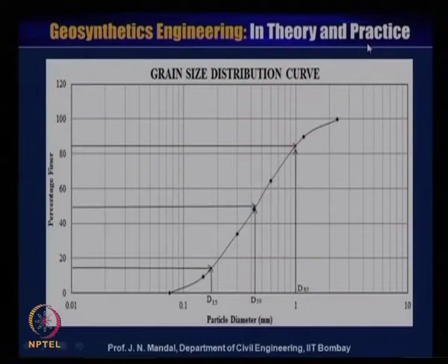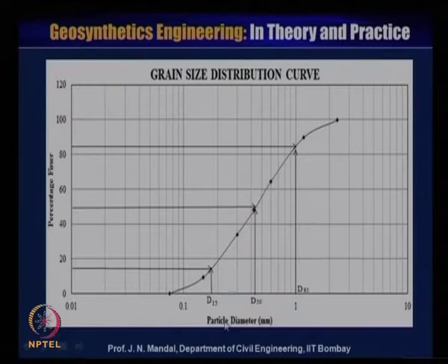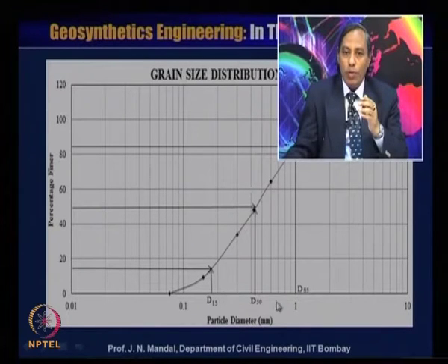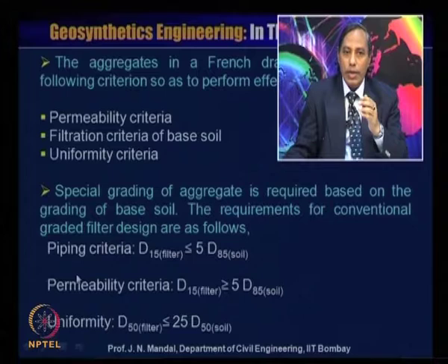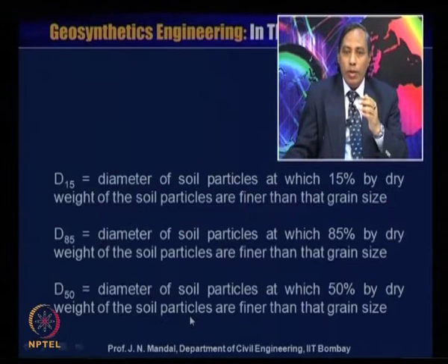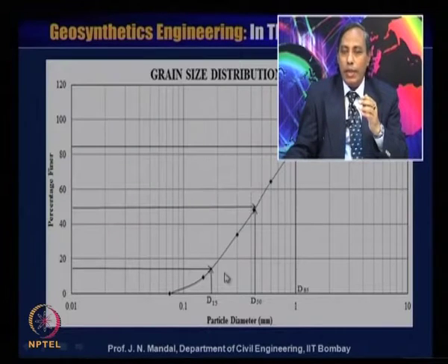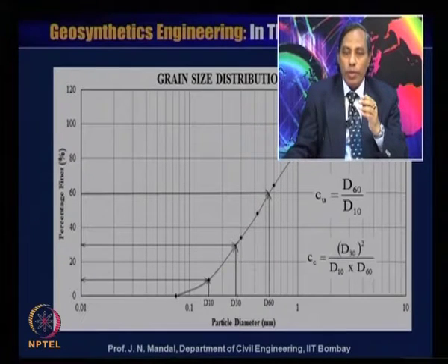From this grain size distribution curve you can calculate what the D15, the D50 and the D85 should be. Then you can check with these criteria, piping criteria, permeability criteria and uniformity criteria. If it is satisfied, then it is okay. This is what is called the conventional method.